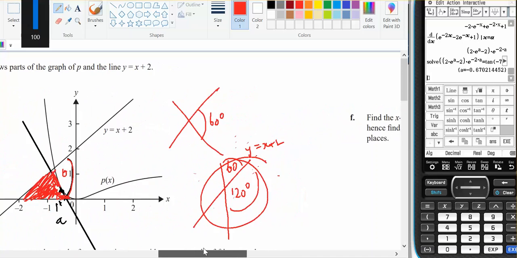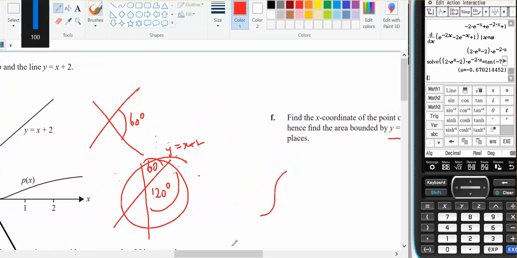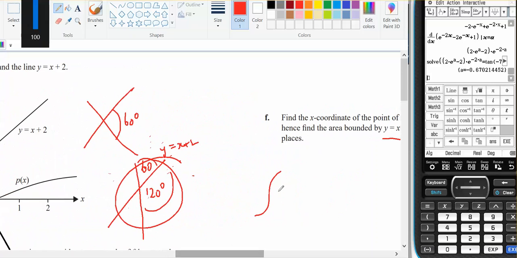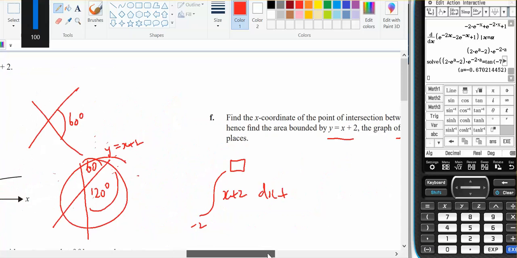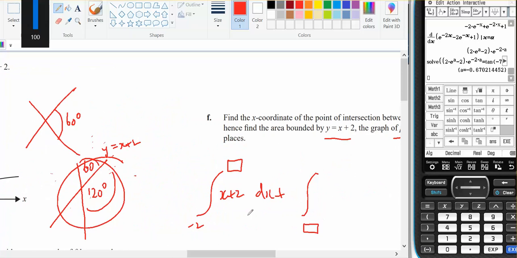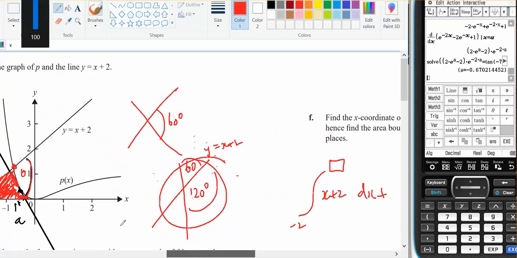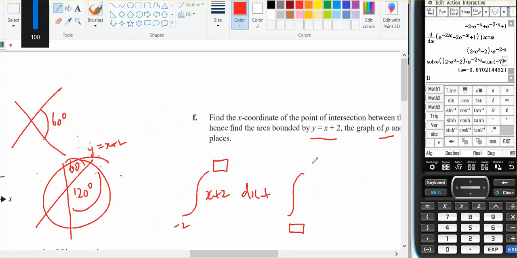So it should be two integrals. It should be one integral, which will just be x plus 2 from -2 to the intersection point, dx, plus the integral from that intersection point through into 0 of p of x dx.